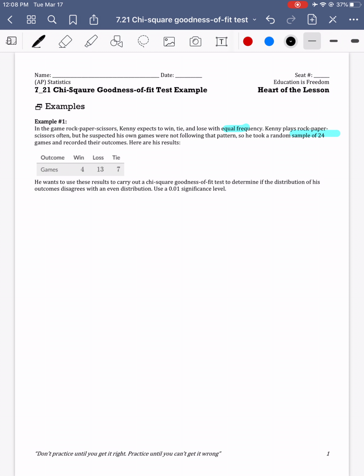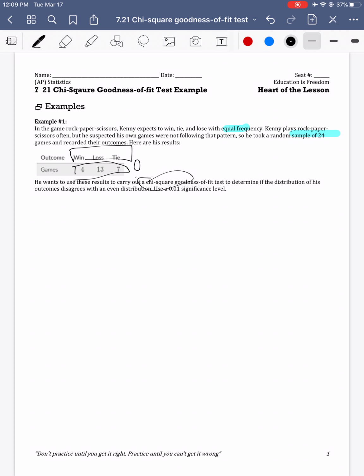I know in the last sentence here it says to use a chi-square goodness of fit test, but again I just want to note why this is chi-square and not some other type of significance test. Here we're looking at categorical data in terms of winning, losing, and tying, and we are observing values.